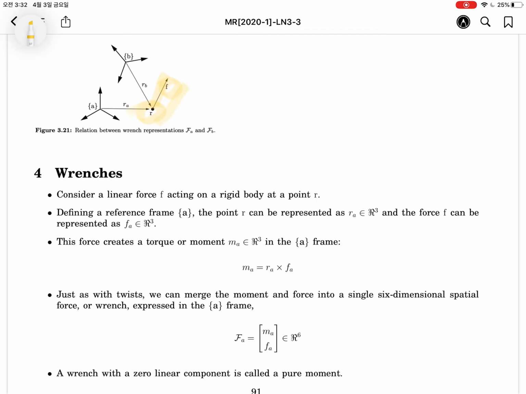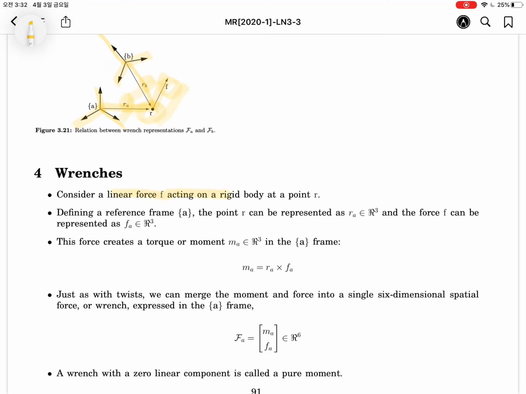In order to describe the force and torque, we should attach the coordinate. At that time, the displacement vector r_A appears. If we take another coordinate, at that time r_B will be different from r_A. Actually, it depends on where the coordinate is.